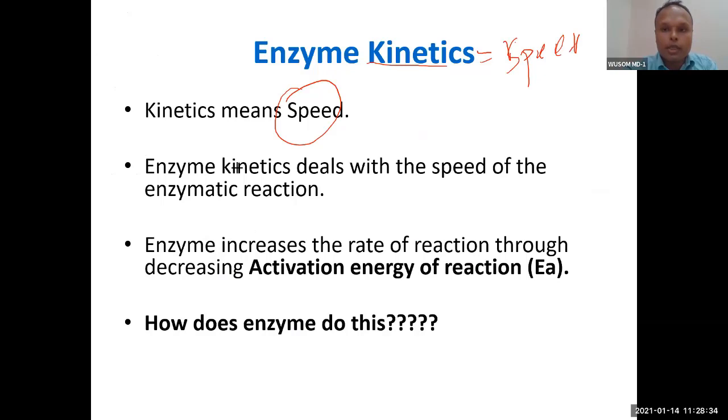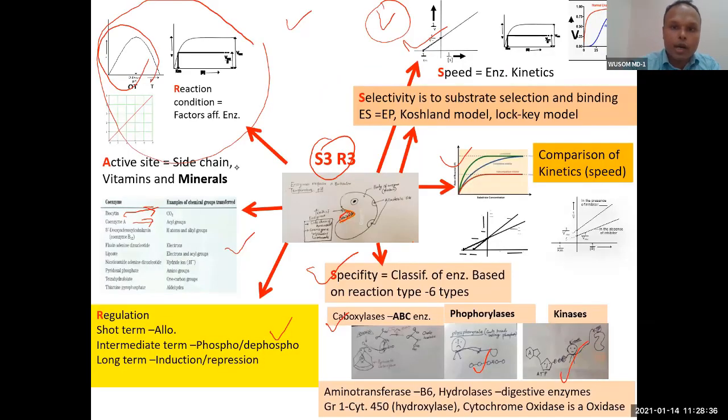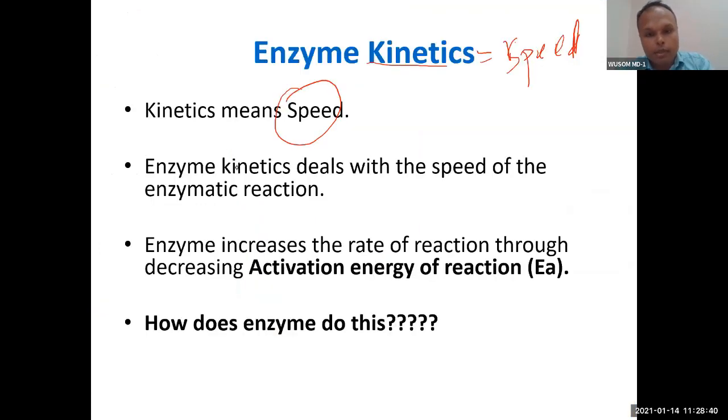So we'll talk about the velocity of the enzyme. What affects the velocity of the enzyme? Kinetics means speed of enzyme, the activity of the enzyme. Speed of the enzyme means speed of reaction, because the enzyme is responsible for the speed of the reaction.